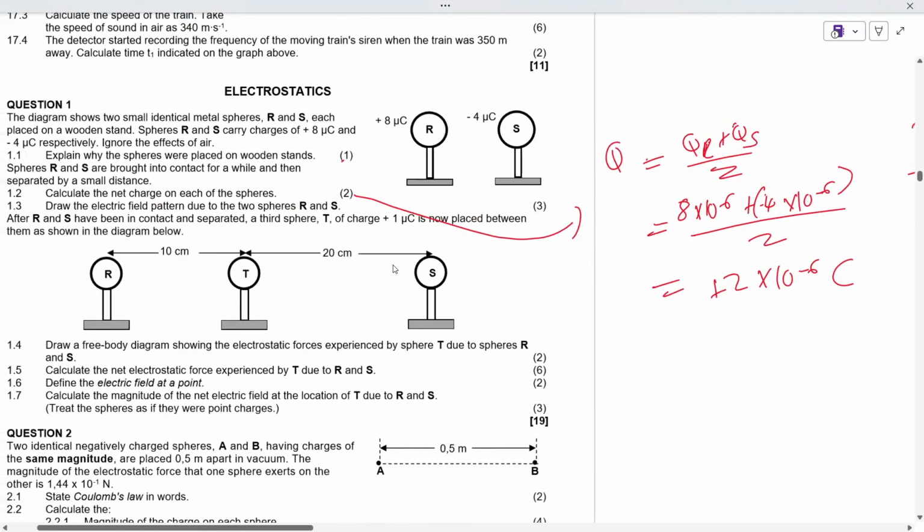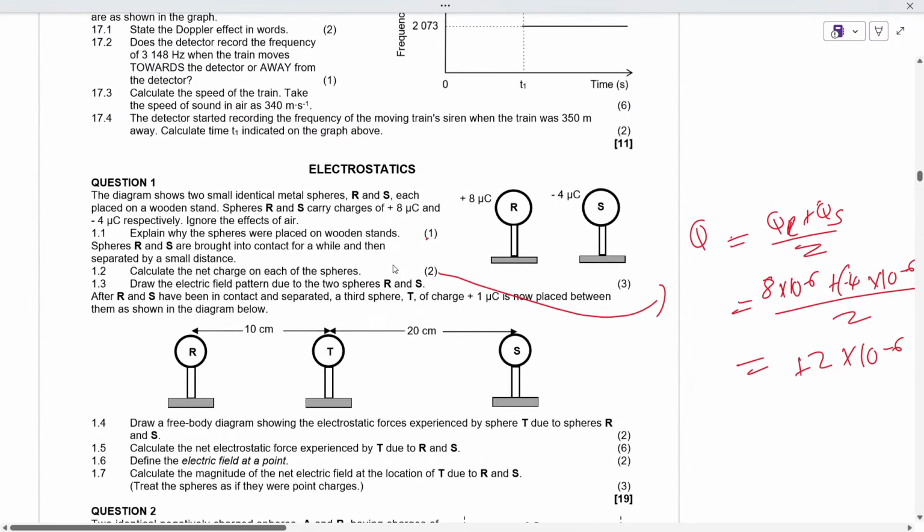Okay, let's continue. May someone read for me the following one? It's 1.3. Okay.